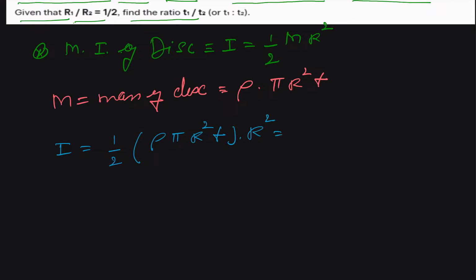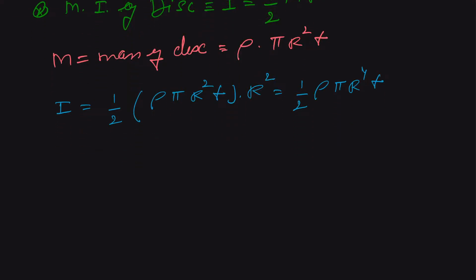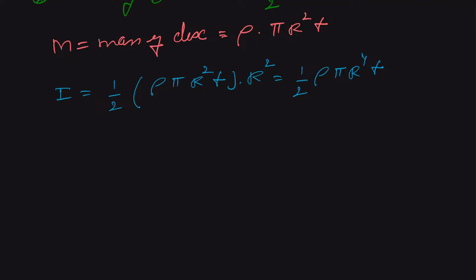Therefore we can write this as 1/2 rho pi r^4 multiplied by T. And it is given that we have two disks and they have the same moment of inertia. Therefore we can write that both disks have the same moment of inertia.